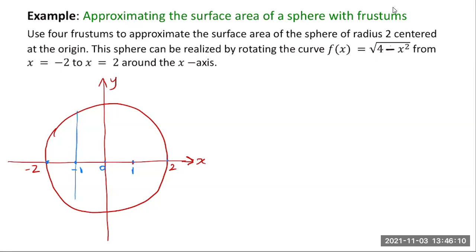I take a cross section here, and then I join these points. Basically, I join these 2 points, and then I get a region here, right? I rotate that region about the x-axis. Then you get a solid like this, right? I'm going to approximate the area of your sphere in that region by the area of this solid.